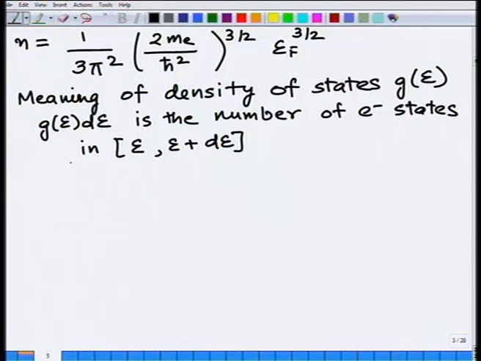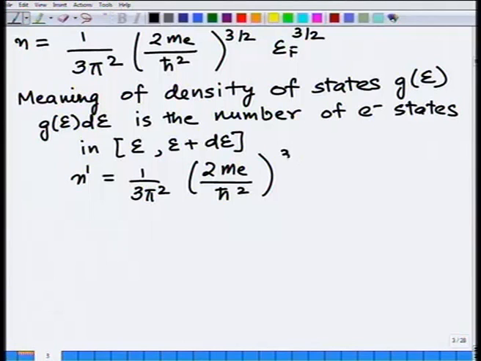With this background, it is now very simple to derive the density of states. Instead of writing the Fermi energy, let me write another quantity called n prime, and write the same expression like this. This n prime I am using only for explanation; in future, I will drop this and keep calling it n itself, so that there is no confusion. Sorry, let me remove this f here; I just want E. Earlier I said I have n electrons, how far they will fill, and I defined that as the Fermi energy.